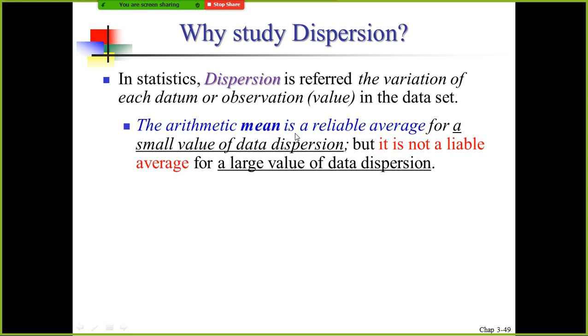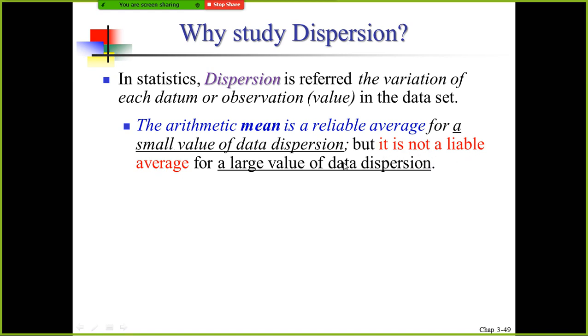The arithmetic mean is a reliable average for a small value of data dispersion. A small data dispersion means the arithmetic mean is more reliable when our dataset has no extremely large or extremely small values. If our dataset has no extreme values, the dispersion tends to be smaller.